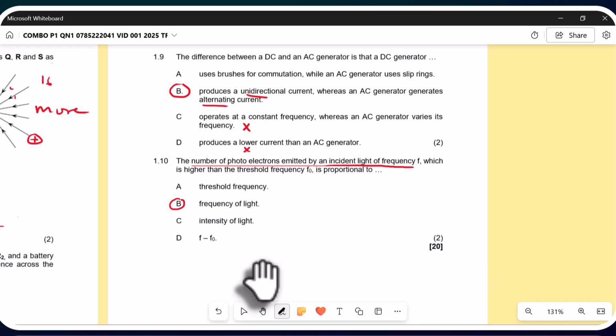So the more the photons, the more the intensity of light, and the more the photoelectrons. That's why the answer here is intensity. And with that, don't forget, we said that if the frequency is increased, you're going to have a higher kinetic energy of the photoelectrons. I hope we are together.